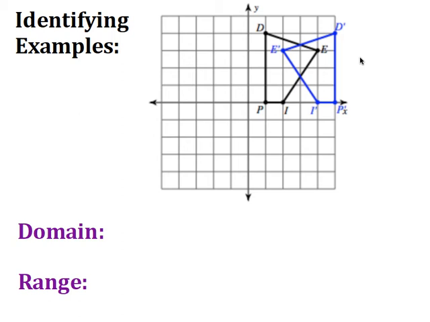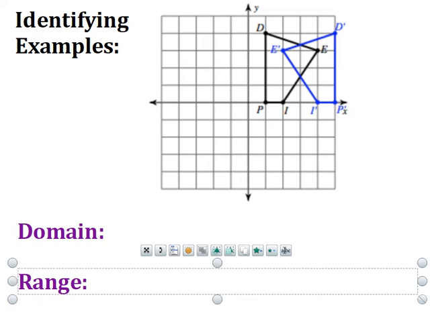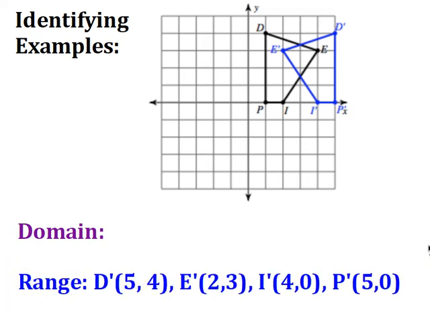These questions are asking for a list of points. So in this case, I can already tell that my range is going to be our prime values, D prime located at (5, 4), E prime at (2, 3), I prime at (4, 0), and P prime at (5, 0).